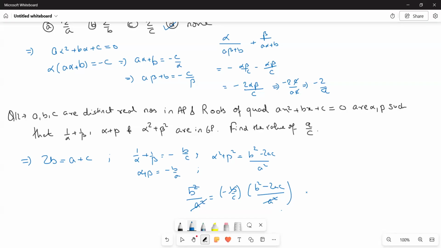This will end up giving us BC is equal to twice of AC minus B square. Now we have to eliminate B from the two equations, because we need the relation between A and C. So let's continue then.